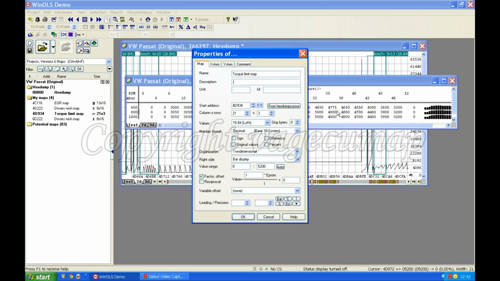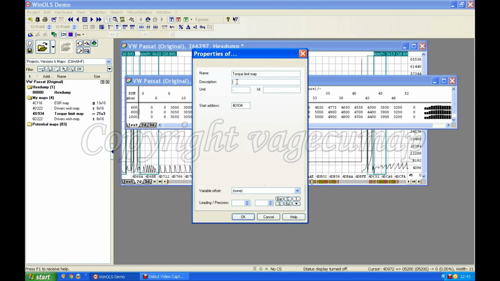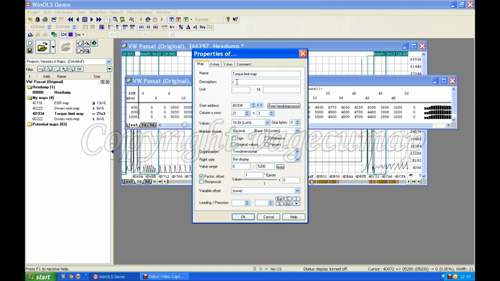But on EDC 15s, what you do is you limit the amount of fuel that's being put into the engine. So whereas you actually are talking about torque, what we're looking at is injection quantity, which is IQ.